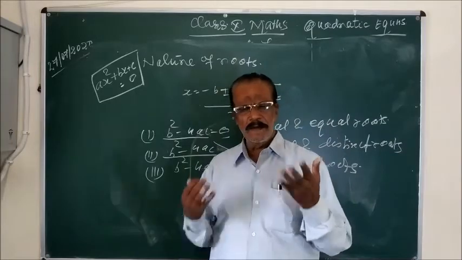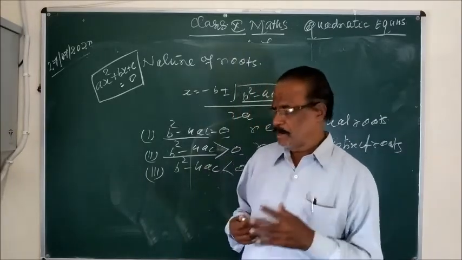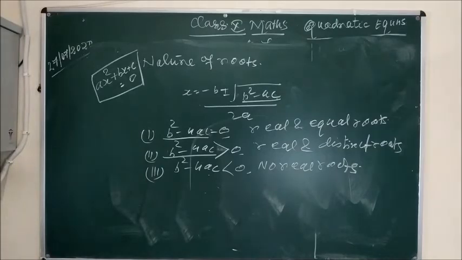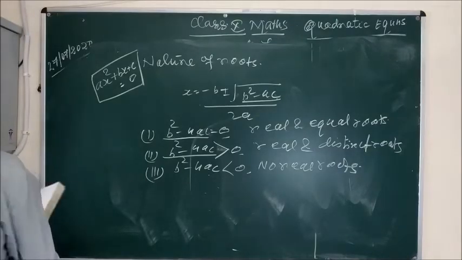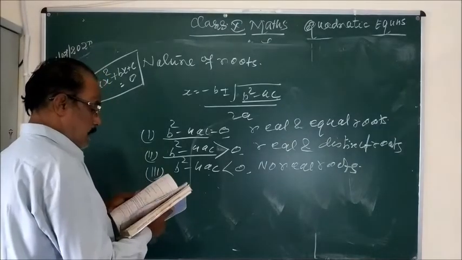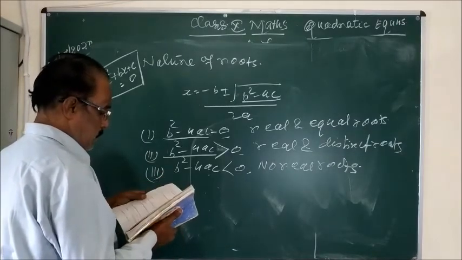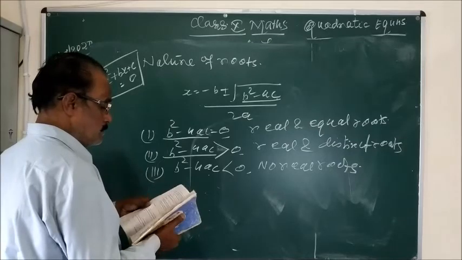In a word problem, you will try to form the equation. I will explain one question in a minute, one practical problem: how will you solve problems of quadratic equations.